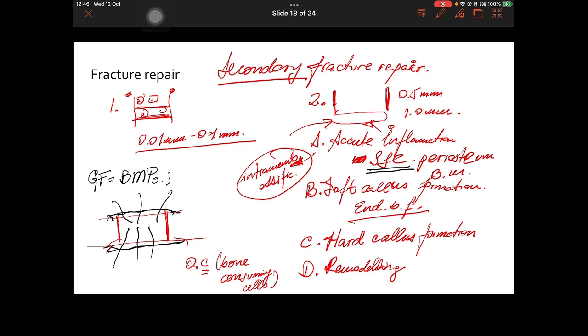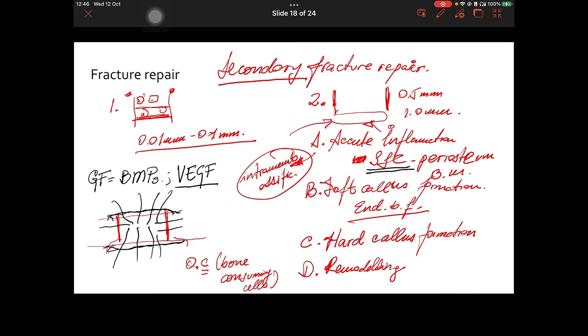It's not only enough to put the mineral matrix, but also we need to introduce and induce formation of blood vessels. So the vascular endothelial growth factor, VEGF, is quite important to promote formation of the blood vessels.